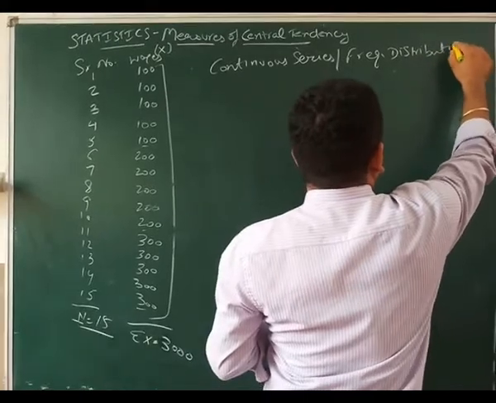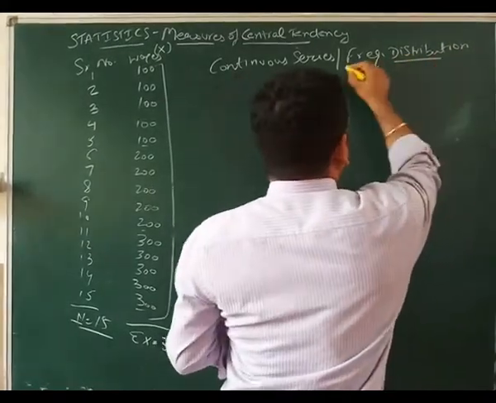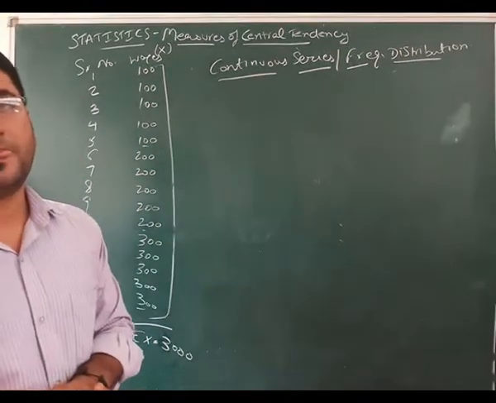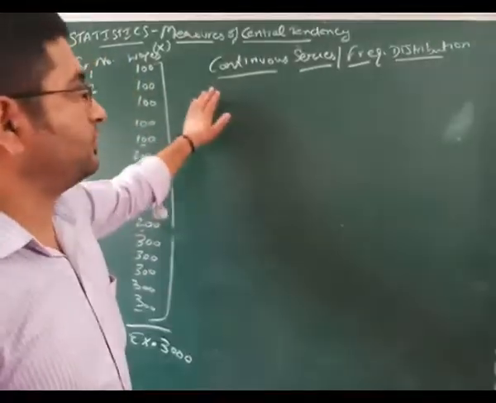The previous one was called frequency array and this is called frequency distribution. Getting my point? Frequency distribution.